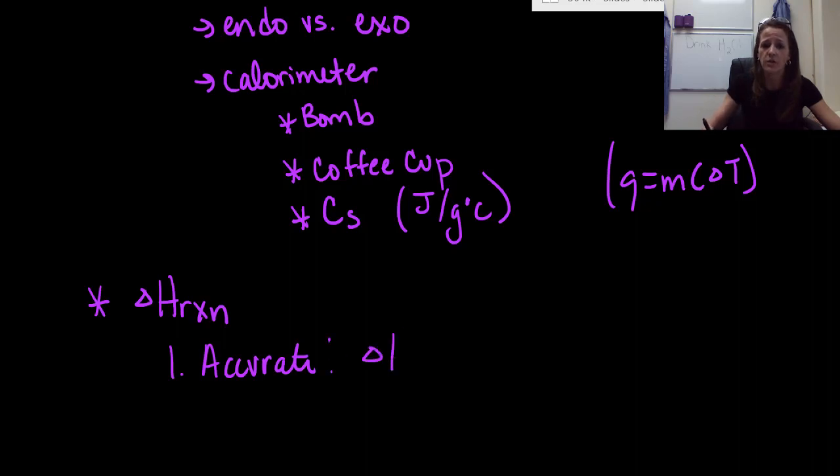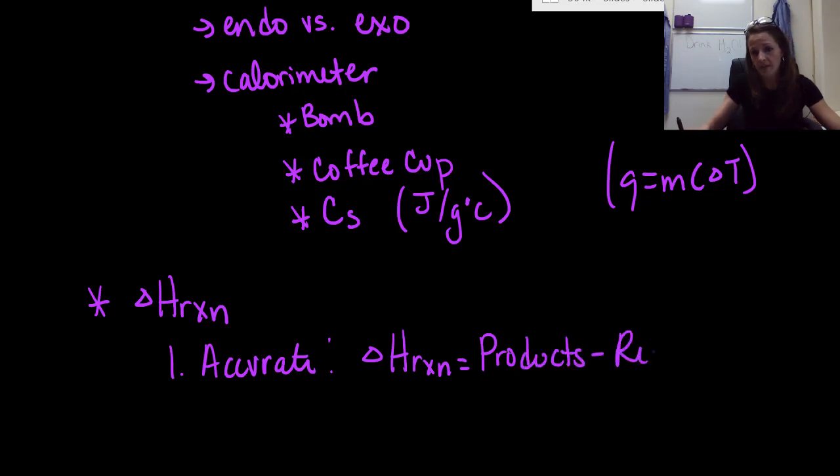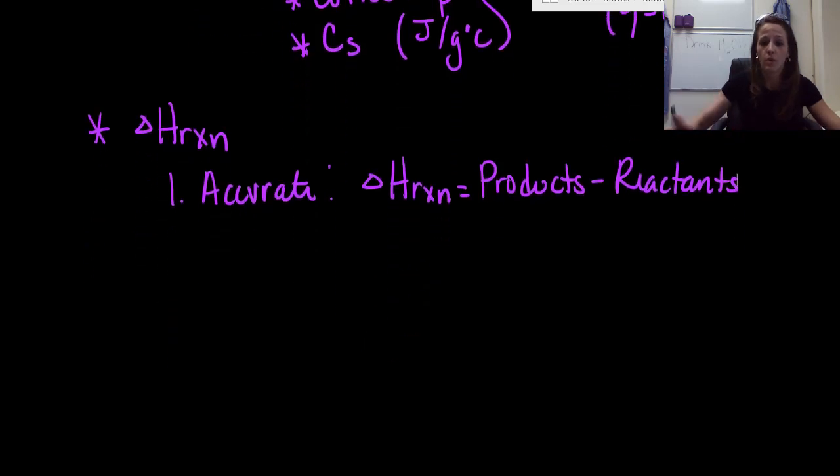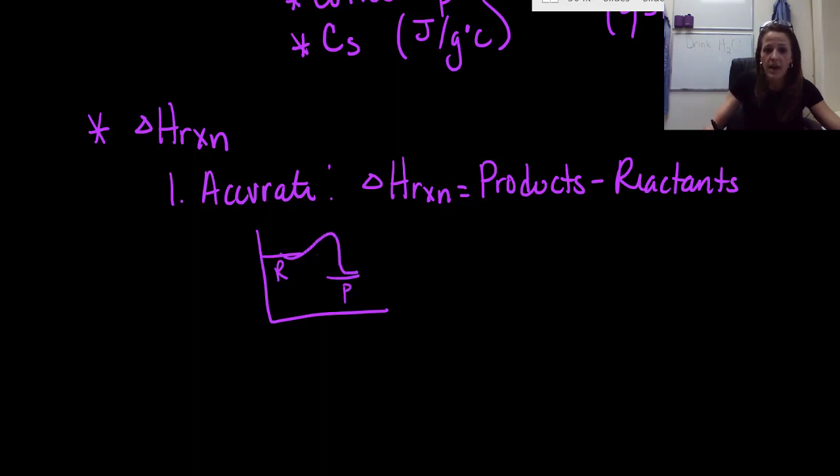When we do that, delta H of our reaction is equal to products minus reactants. This is usually what we use when we're trying to do a graph. So we have something like this: here's your reactants energy level, here's your products energy level. We go from one to the other, and our delta H is right there. So it's your products minus your reactants, and that is your delta H of reaction.